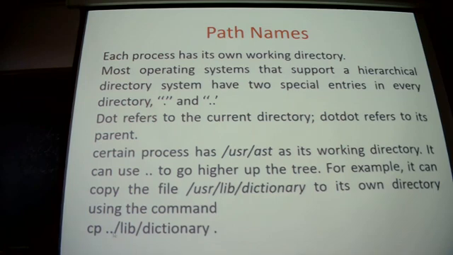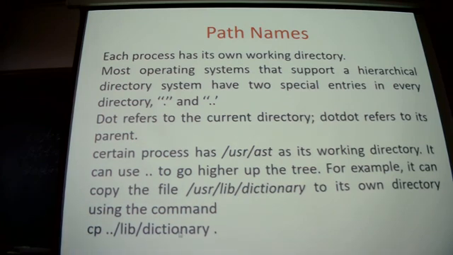Now from this one, we can know that we are now in this directory, and its parent is lab. And then we can see dot dot. It means the parent. So the directory now is lab, because we will go higher up.